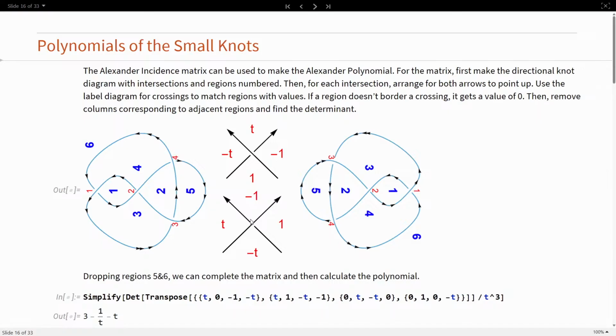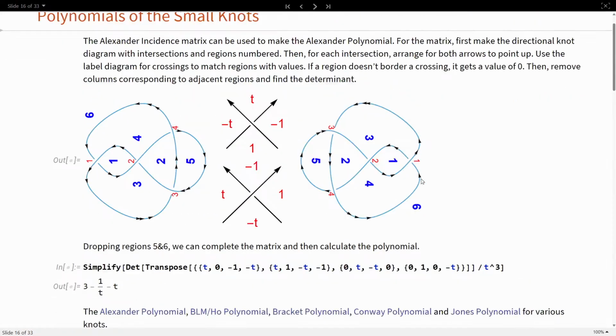And it matches this diagram. The arrow is going this way over that one. And that's what's going on here. In various books and papers, there's a very complicated description of how to do that that I never understood. But with these pictures, I was able to figure it out.